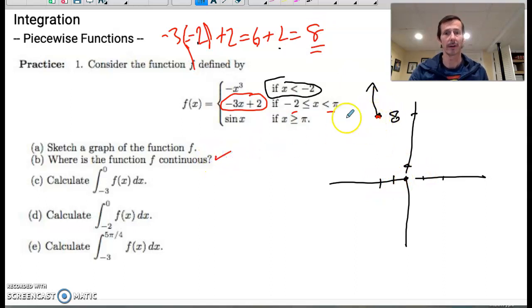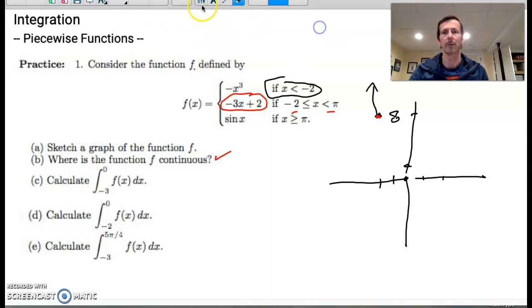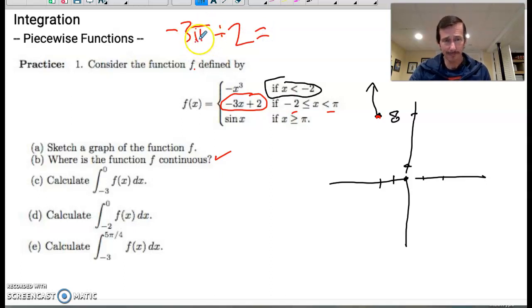So I'm going to start there, and I'm going to end when I plug in a pi, which, let's be honest, that's pretty annoying. So again, I'm going to come up here and I'm going to erase this stuff because I don't need that. That's just my work, and I don't have a lot of space, so I'm going to get rid of it. I'm going to put pi in here, which means I would have -3 pi plus 2, which, if I just assume this is 3.14, etc., would be like -9 plus 2, which is about -7.